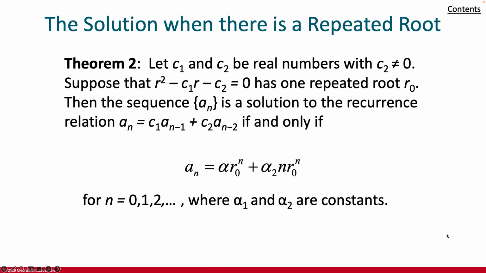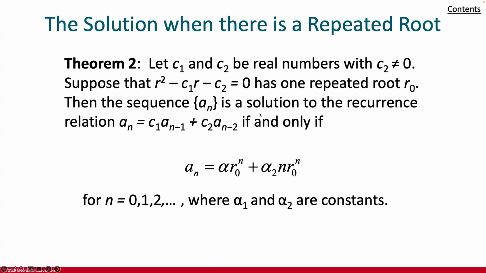Another type of problem we can encounter is: what is the solution when there is a repeated root? Let C1 and C2 be numbers with C2 unequal to 0. Suppose that r squared minus C1 r minus C2 equals 0 only has one repeated root r0.